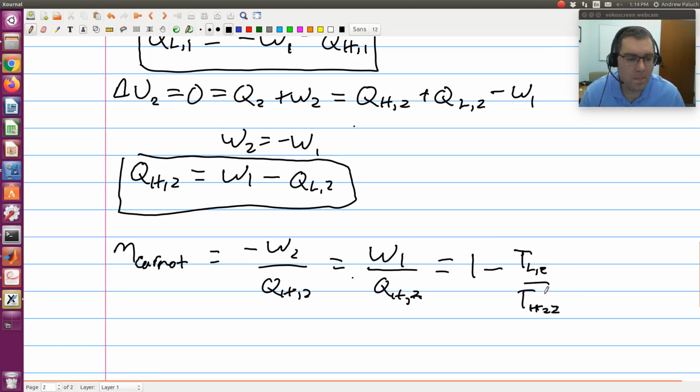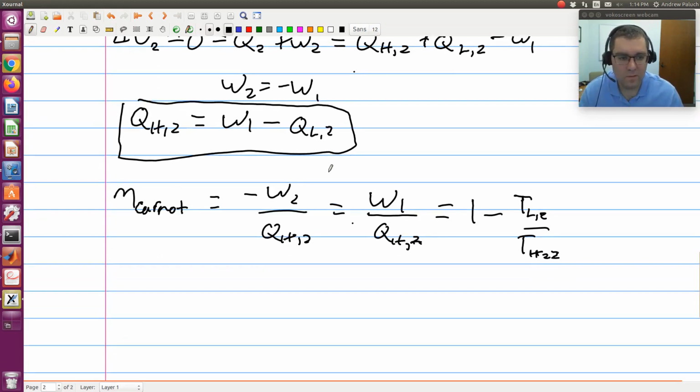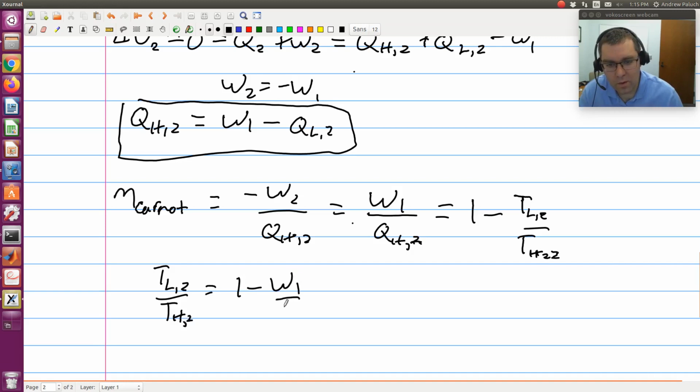If I wanted to solve for TH2, I know W1 and I know QH2, so I can write this as TL2 over TH2 is equal to 1 minus W1 over QH2.